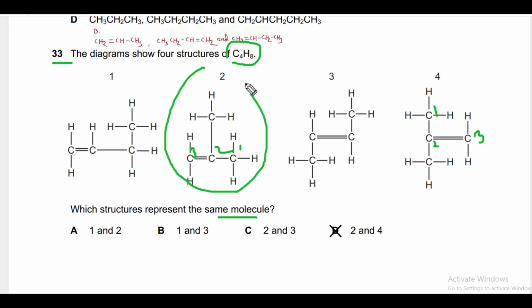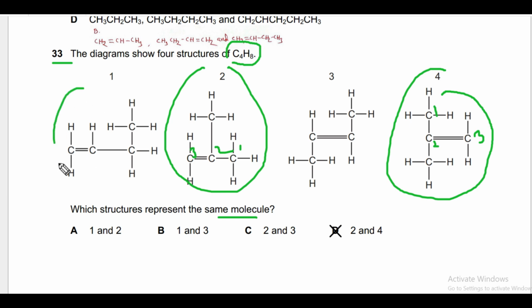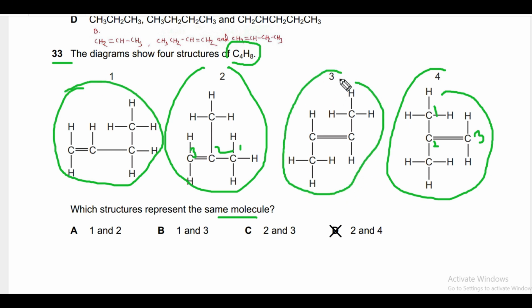So 2 and 4 are the same molecule. But this is but-1-ene, and this is but-2-ene. These are different molecules, and 2 and 4, methylpropene, these two are the same molecule.